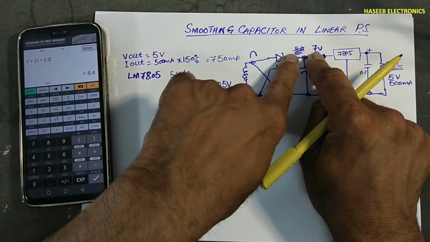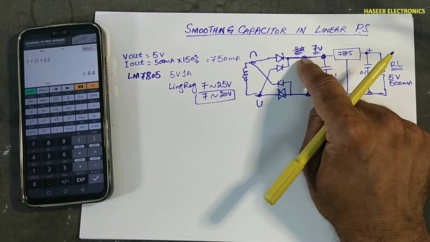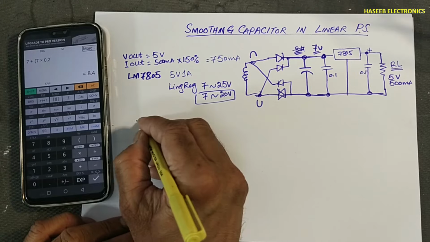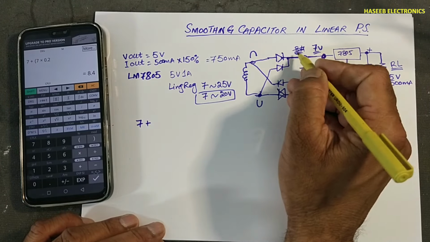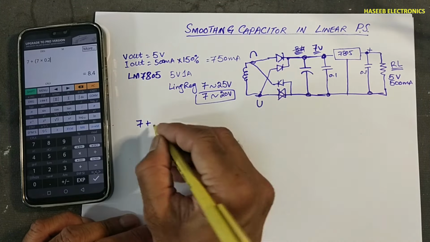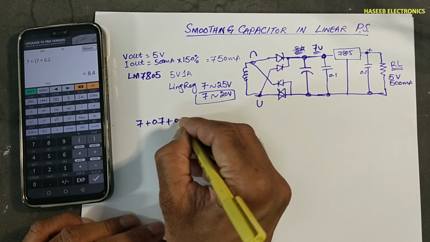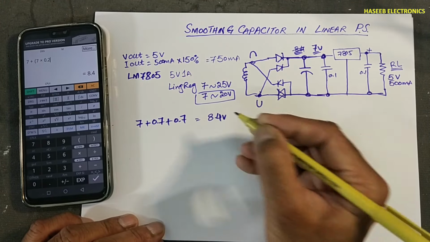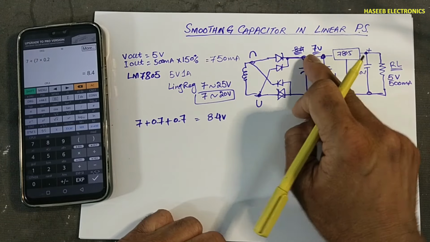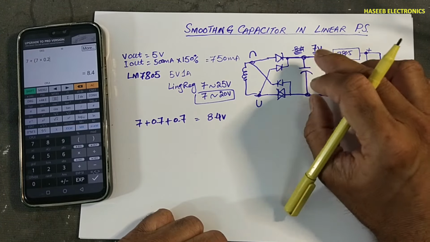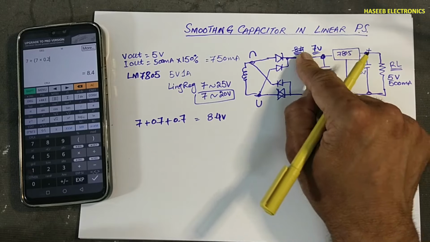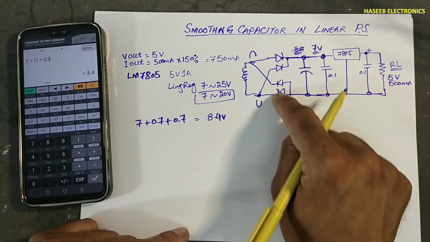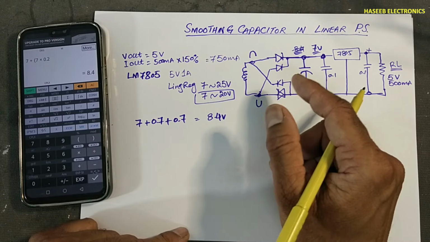7 volt. And if we are not providing any headroom here, spare headroom, 7 volt plus 0.7 for this diode plus 0.7 for this diode. It is 8.4 volt. This is in that condition when we are calculating with tight calculation. If you are providing some extra headroom at that time, 8.4 plus 1.4, it will be 9.8 volts.